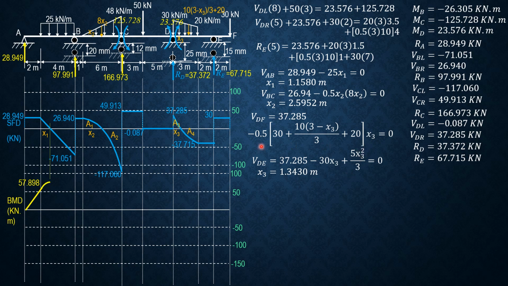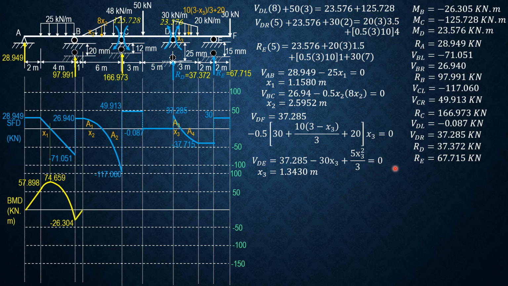Then we also have negative 0.5 of 10 over 3 times negative x3, that's positive 5x3 over 3 times x3, so plus 5x3 square over 3. Therefore, shear DE is 37.285 minus 30x3 plus 5x3 square over 3.